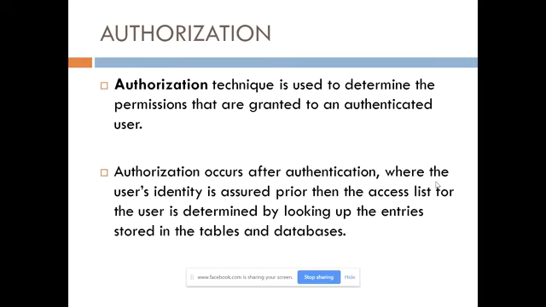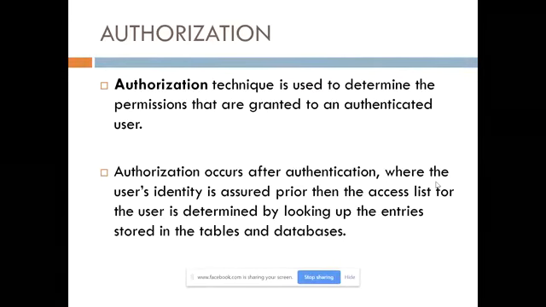Suppose I am a user and I want to access a particular file from a server. When I send a request to the server to access that file, first of all my authentication will be checked and I will be identified. Once I have an identity on the server, it is going to find out what privileges I have as an authenticated user.